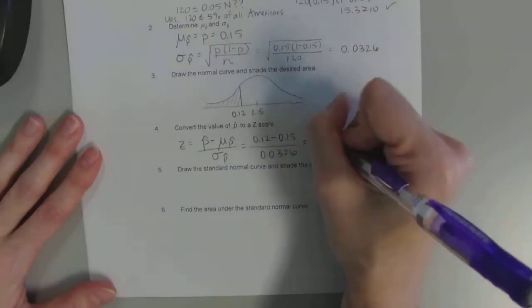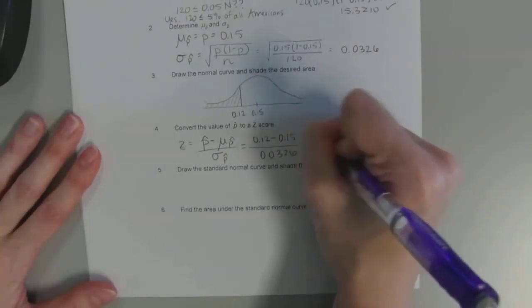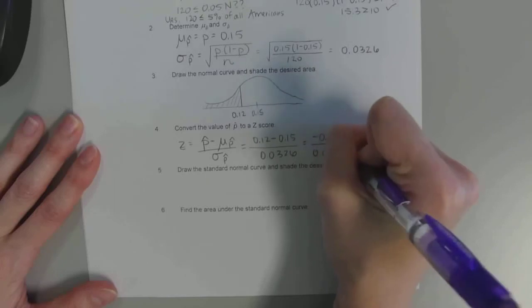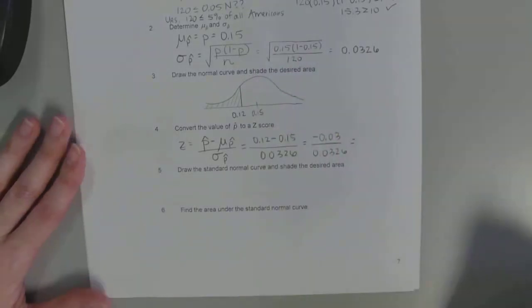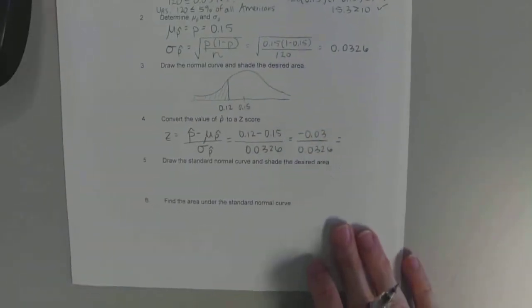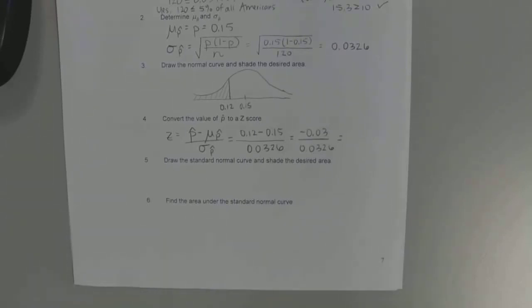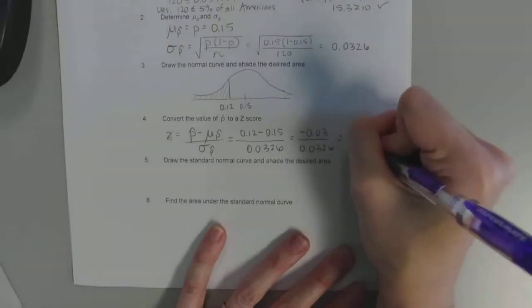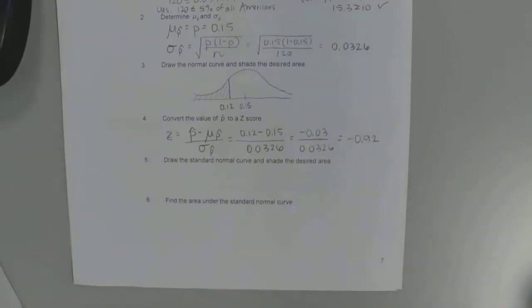So you do the difference on top and get a negative 0.03 over 0.0326 and divide the two. Round your z-score to 2 decimals, so that will tell us our chart, where to go. You guys get negative 0.92. Does that look right? Okay.